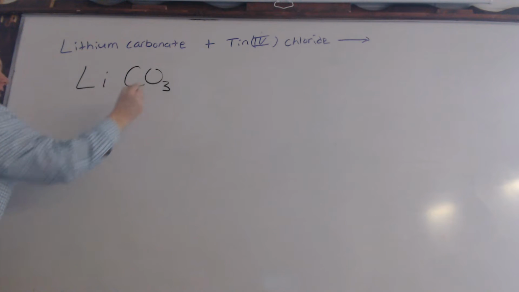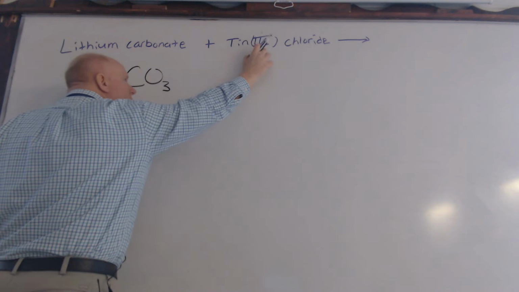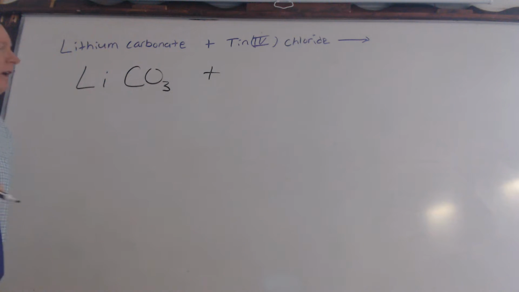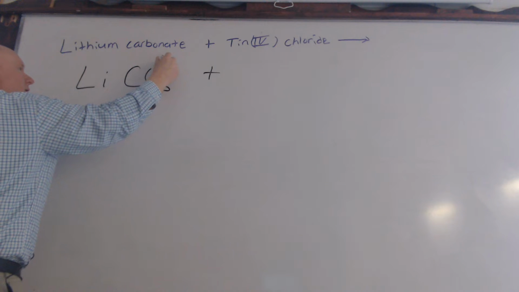Okay. Now, do you want to finish this out, or do you want to work on this one next? Okay. Go by your negative ion. So who's got the negative charge here? Okay. And this has a charge of negative what? 2. Okay.